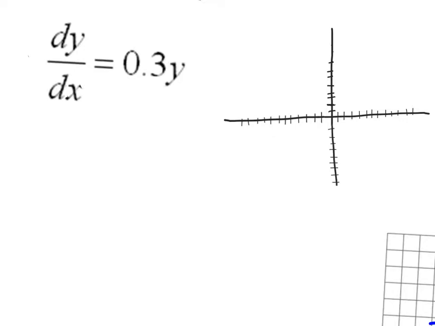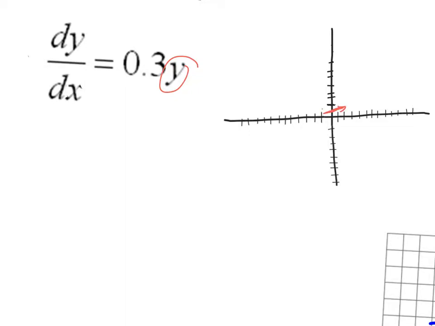Alrighty, so looking at this differential equation, it seems that the slope increases as we go up in y, meaning that at y equals 1, we have a slope of, let's say, 0.3. So that's up 3, right 10. I'm going to guess that's something like this.